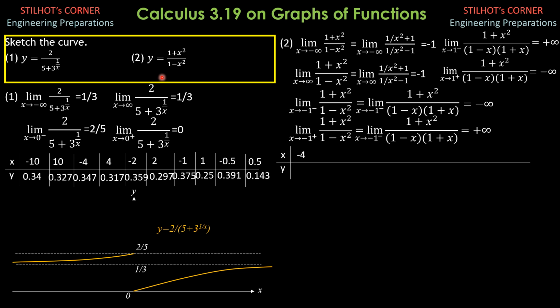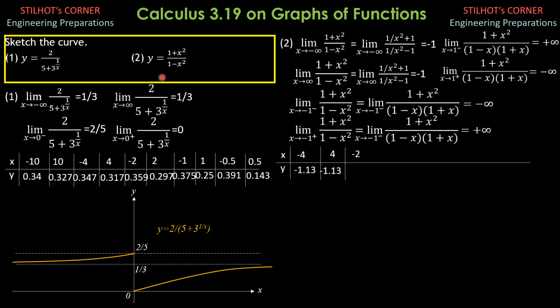So negative 4, y is negative 1.13, positive 4, negative 1.13, negative 2, negative 1.67, positive 2, negative 1.67, negative 1.5, negative 2.6, positive 1.5, negative 2.6, negative 1.1, negative 10.5, 1.1, negative 10.5, then negative 0.9, 9.5, then positive 0.9, 9.5.